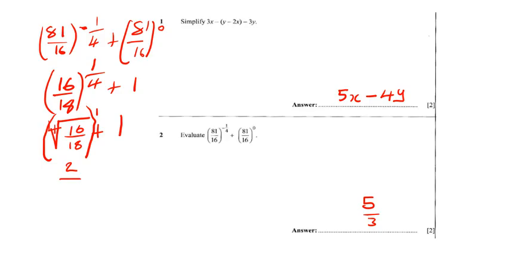It's supposed to be 81, like that. So the fourth root of 81 is 3, plus a 1 there.